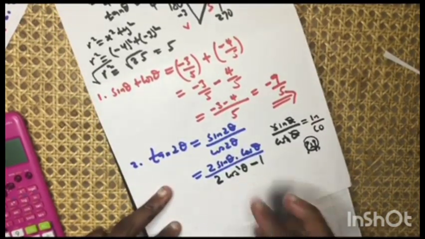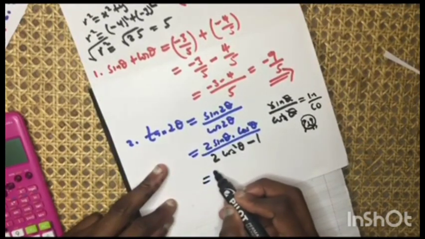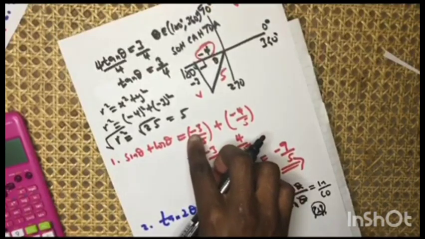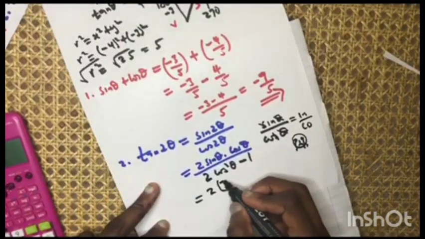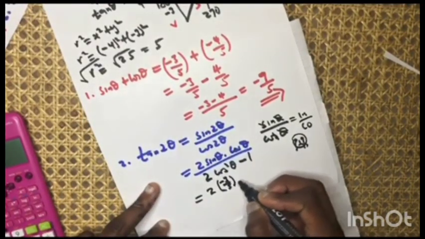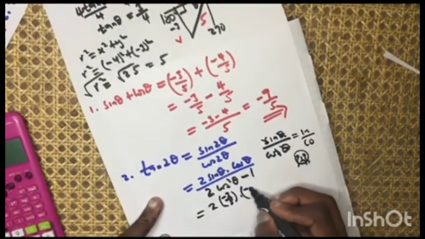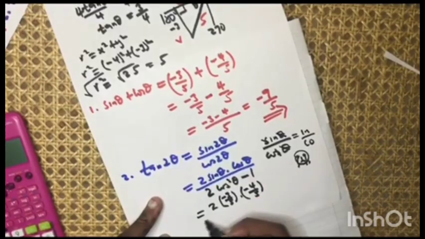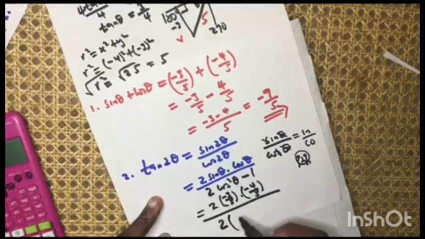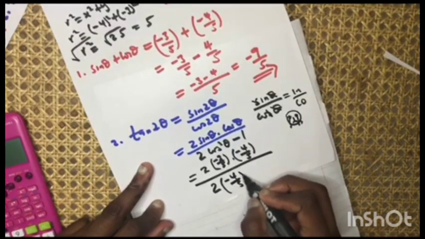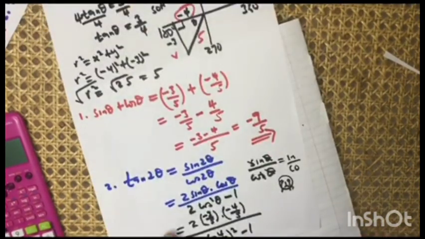So guys, we're going to substitute here. We have 2. Remember our sine, we said sine is -3 over 5, times the cos, we said cos is -4 over 5, over 2. Then we said cos again is -4 over 5 squared minus 1.